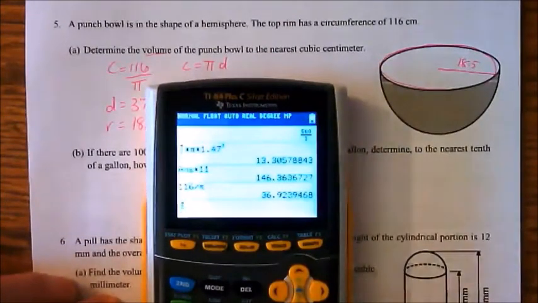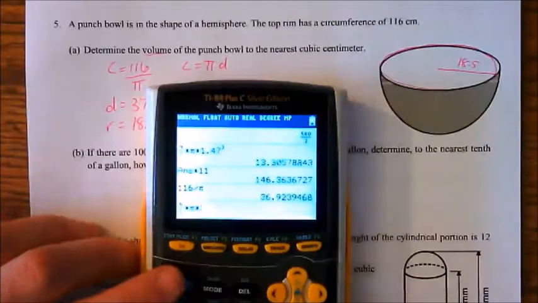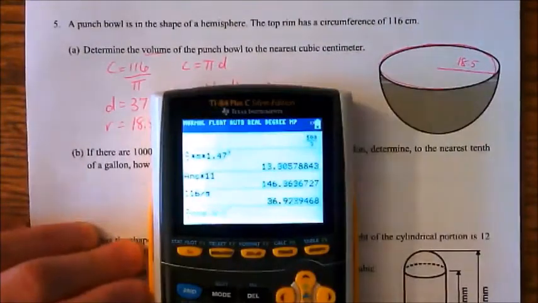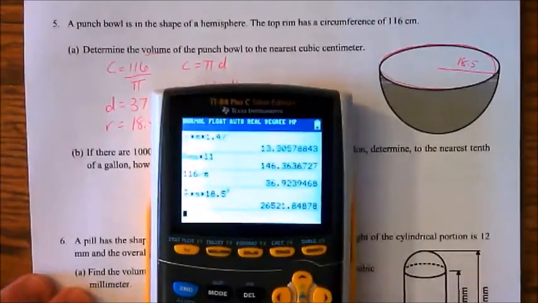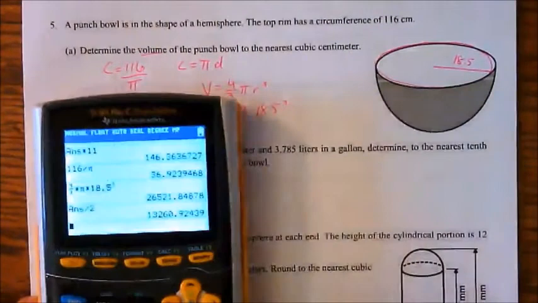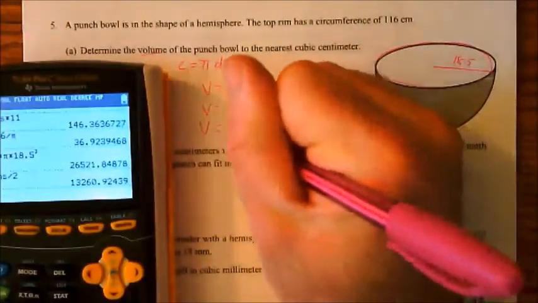So the top, it tells us, has a circumference of 116. In order to calculate volume, we need the radius. In order to get the radius, I'm going to convert the circumference back to diameter, because I know that circumference is pi times diameter.